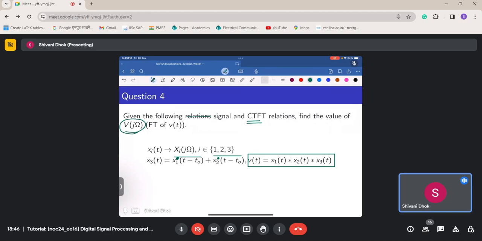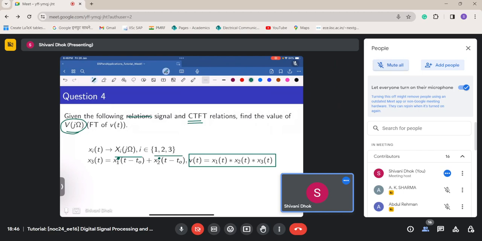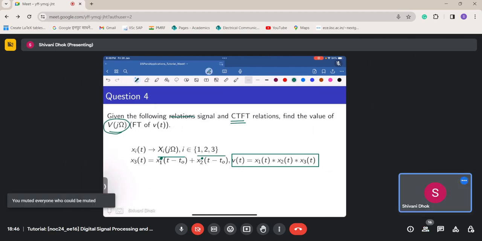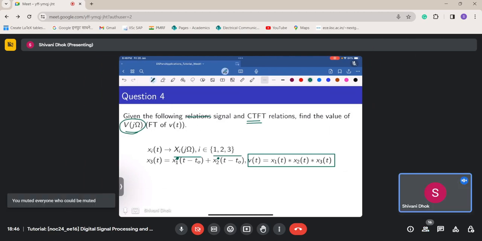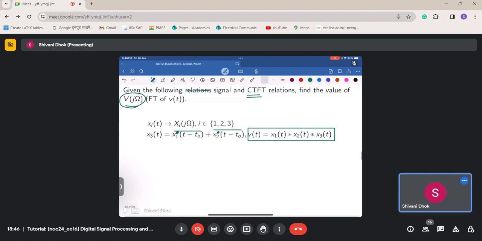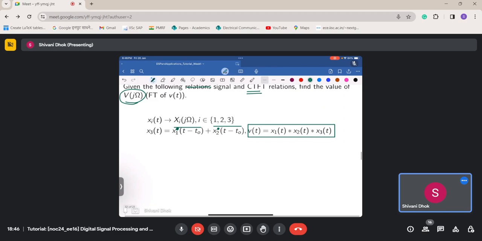Okay. So what we need to do is find the Fourier transform of this v(t) signal, and this v(t) is x1(t) convolved with x2(t) and convolved with x3(t). Let me first define the CTFT, the continuous time Fourier transform.